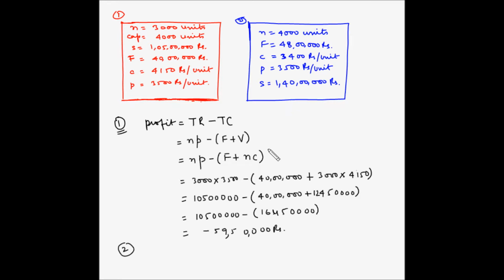Now let's evaluate the proposal and see if this new proposal is going to help improve the situation for the company. So again, same thing, we'll try to calculate the profit. So profit, as we found, is NP minus F plus NC.